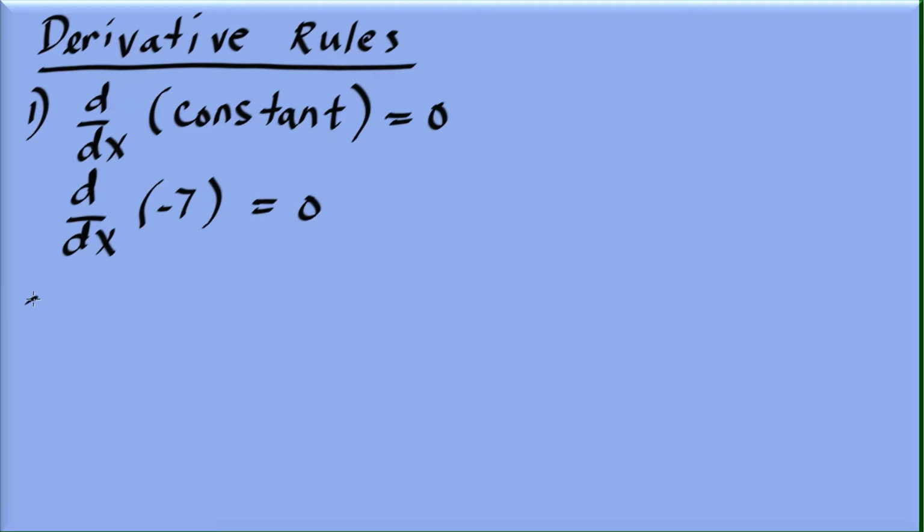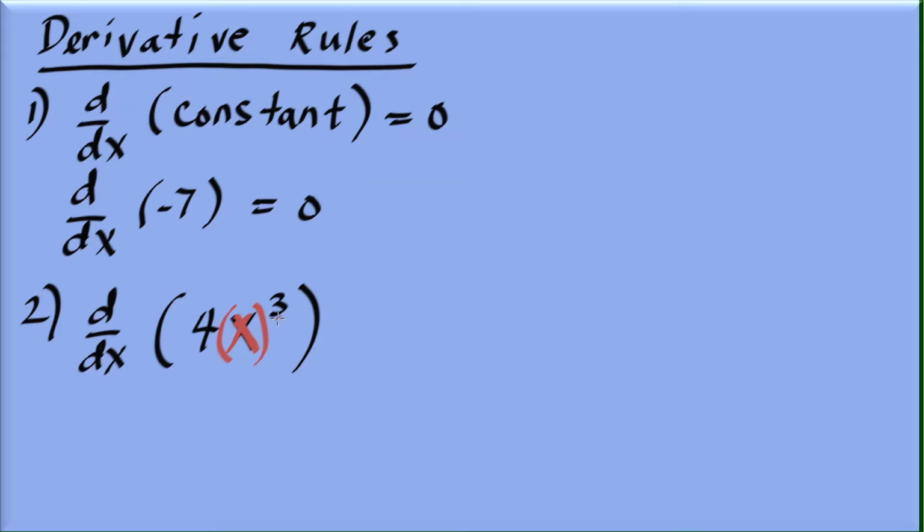Okay. Now, what about getting the derivative of say 4x cubed? All right. So 4x cubed is a single term. It's a monomial. Okay. Take note. This is the base x. Okay, for the exponent 3. So when the base is x, it's plain x. It's a numerator. Then it's a power rule question.